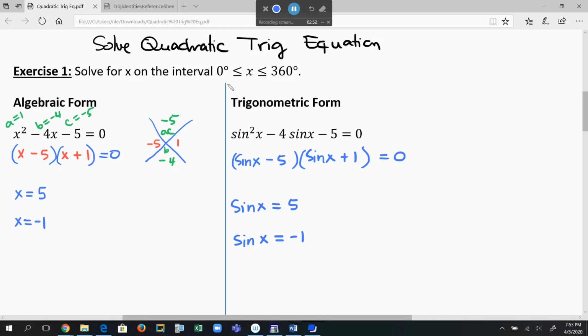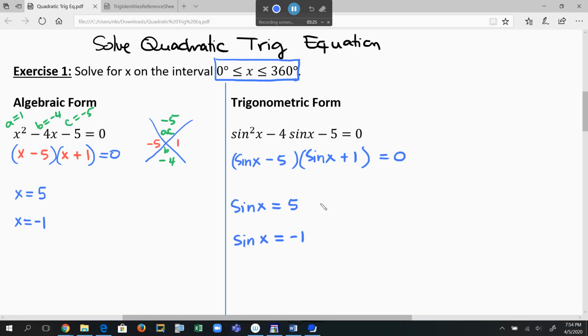Now make sure that you pay attention. We want our answer x to be in the interval from 0 degrees to 360 degrees. We can see that 5 is not in the range, because the range of the sine function is just from negative 1 to 1.